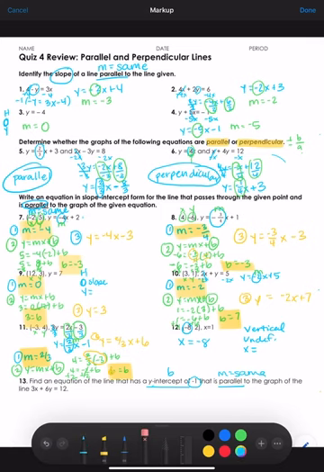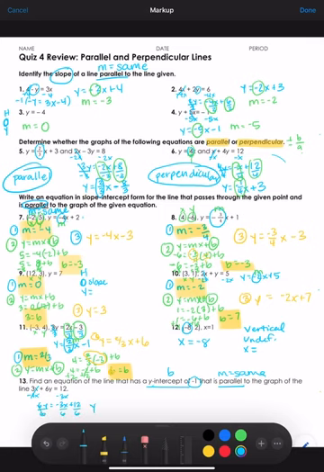So all I have to do is find the slope, and then I can plug in the slope and the intercept, and I'm good. So the problem here is that it's not in slope-intercept form, so I need to solve for y. So first thing I'm going to do is move the 3x to the other side. I get 6y equals negative 3x plus 12, and I need to divide everything by 6.